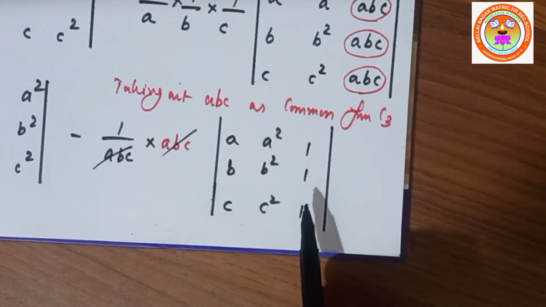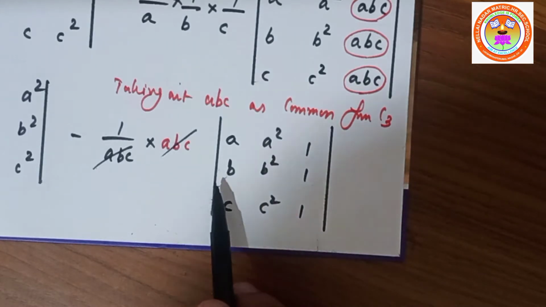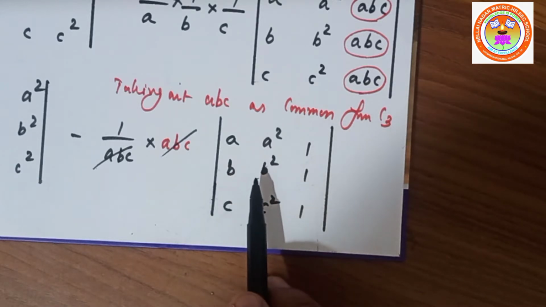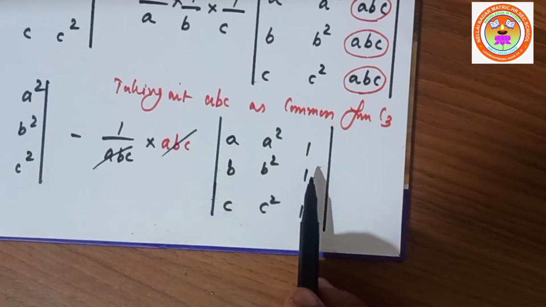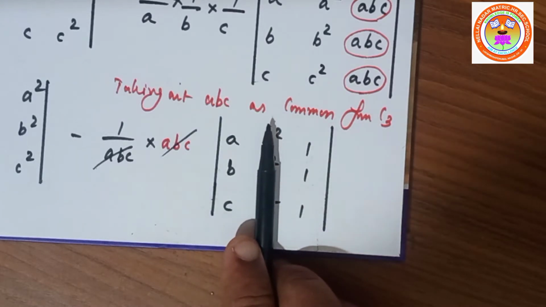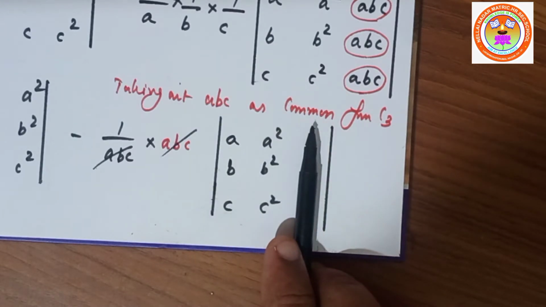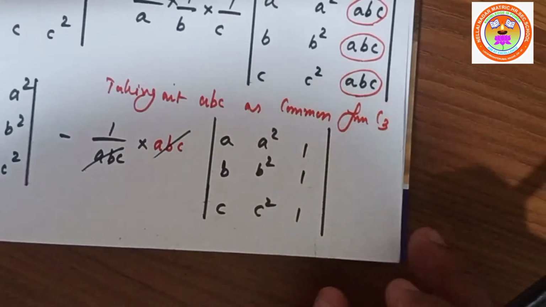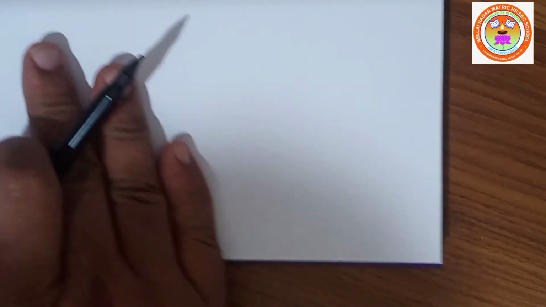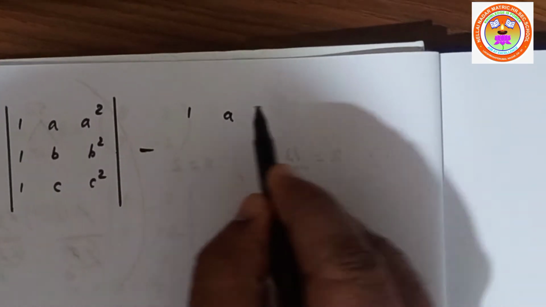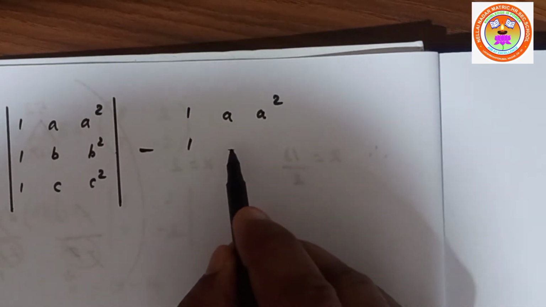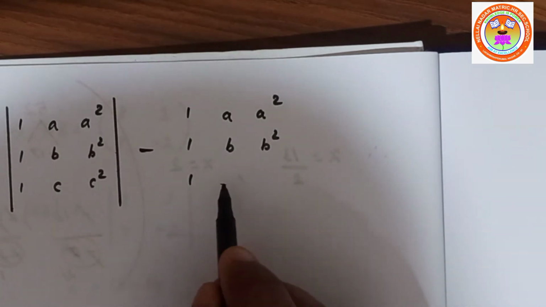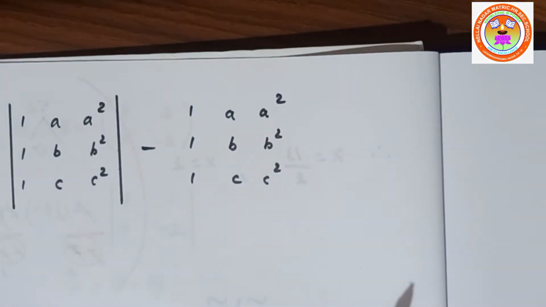Understand? See, I am going to interchange column 3 into column 1, column 1 into column 2, column 2 into column 3. Again I tell you, column 1 into column 2 I am going to write, column 2 into column 3, and column 3 into column 1. So we will be getting 1 A squared, 1 B squared, 1 C squared.